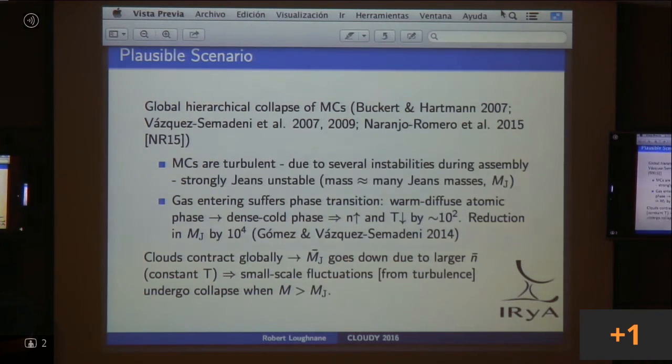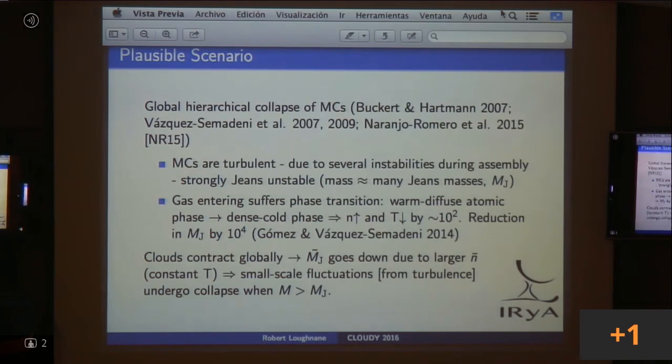Gas entering the molecular cloud undergoes a phase transition whereby warm diffuse atomic gas transitions into dense cold gas. What happens is the density increases and the temperature goes down by a factor of 100. This results in a reduction in the Jeans mass by 10,000, Gómez and Vázquez-Semadeni in 2014.